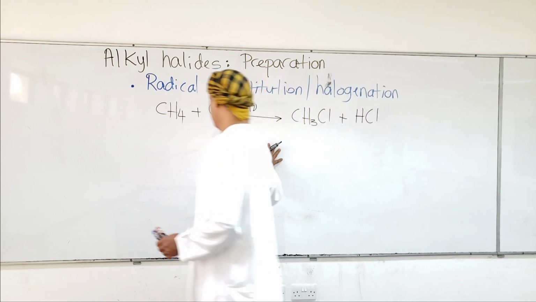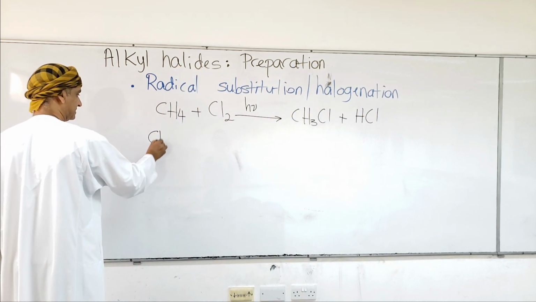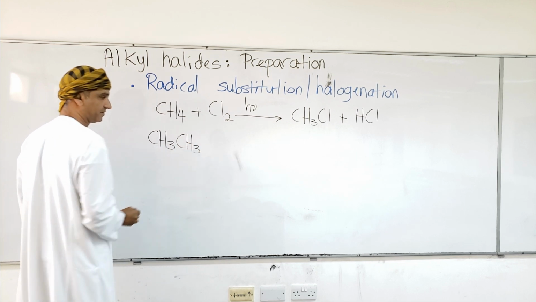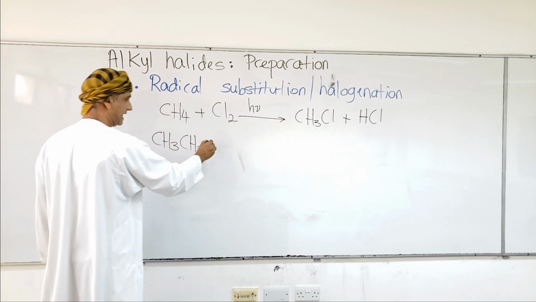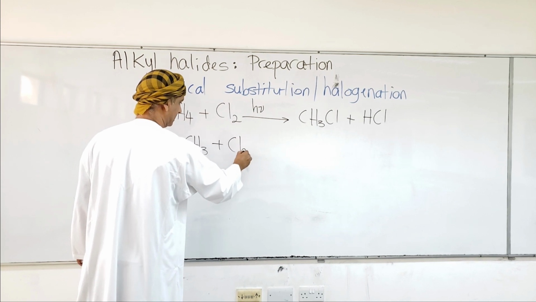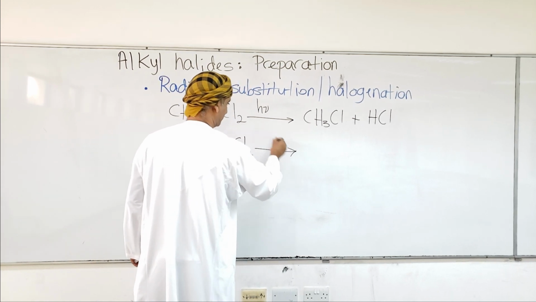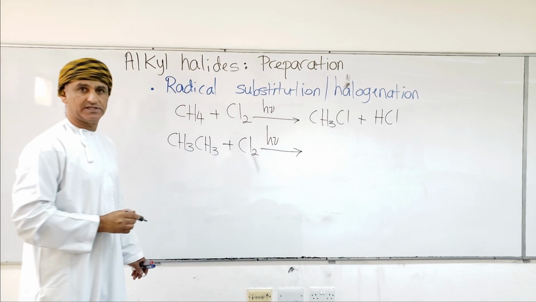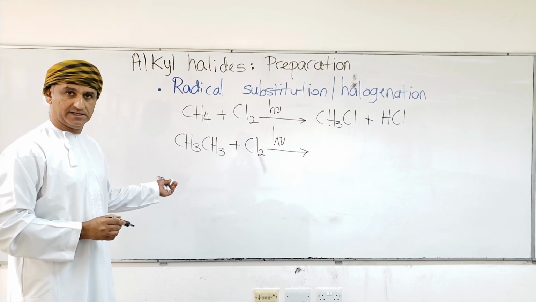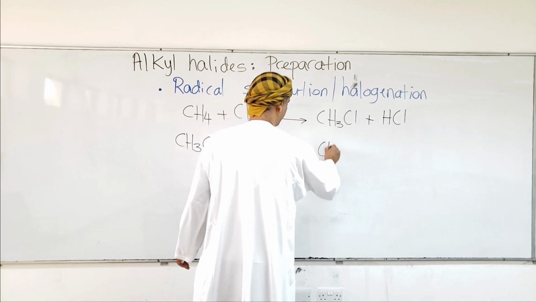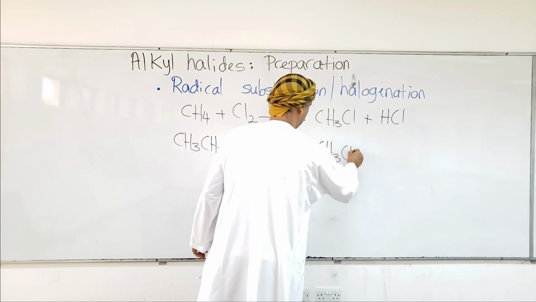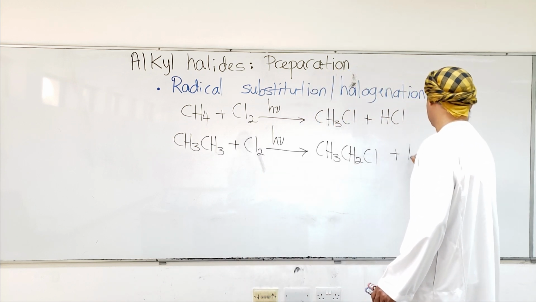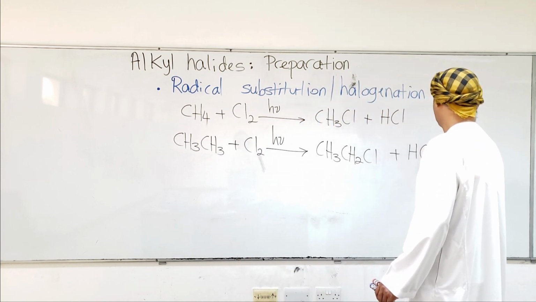If we take ethane, the next alkane, CH3CH3, and do the same reaction with chlorine in the presence of h nu, chloroethane is produced plus HCl as a byproduct.